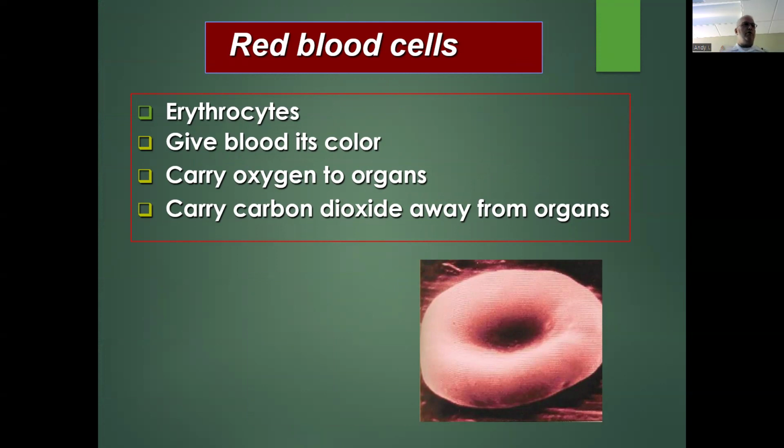That's why we call them red blood cells. Their job is to carry oxygen to the organs and then carry carbon dioxide away from the organs. So oxygenated blood, when it's saturated, will be brighter red, and when it's desaturated, when it's venous, will be darker red because of that. Is it oxygenated or is it not oxygenated?